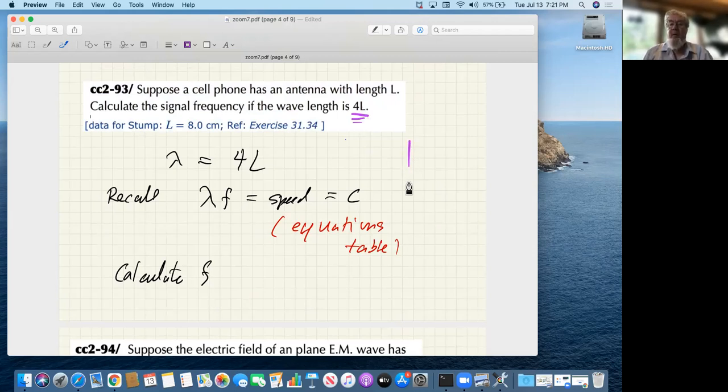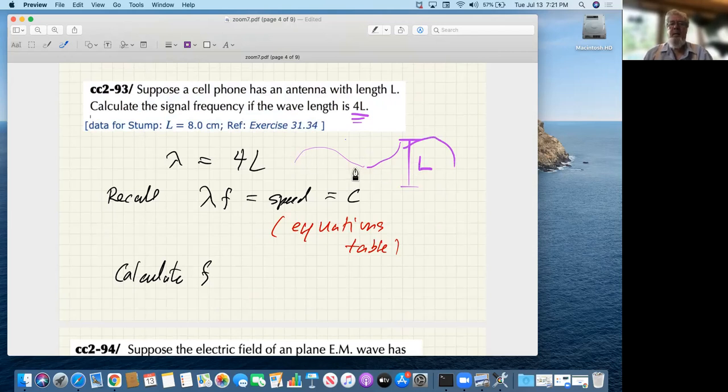So here you have an antenna whose length is L, and you have a wave. I don't know if I can draw it, but you have a wave which is much longer.